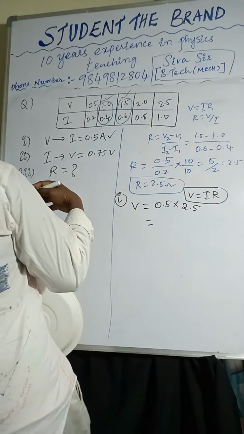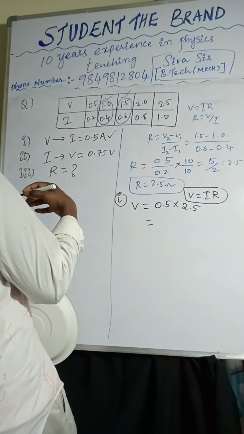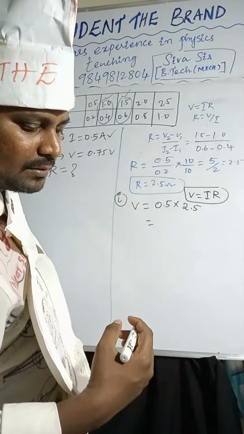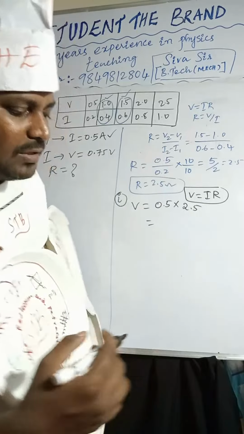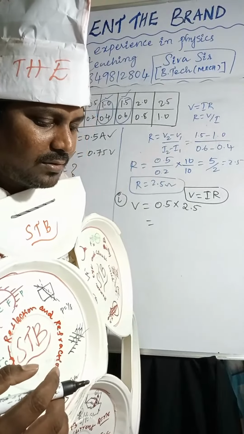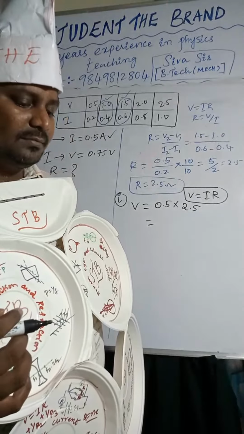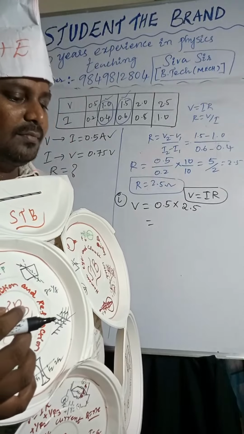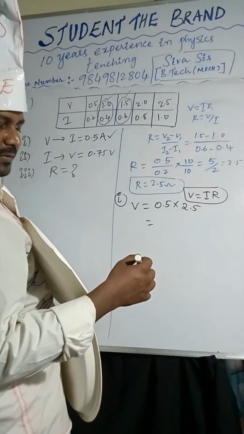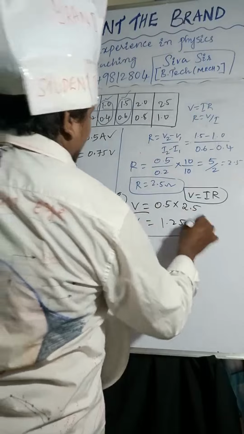Can anybody say? 0.5 into 2.5. The answer is 1.25 volts.